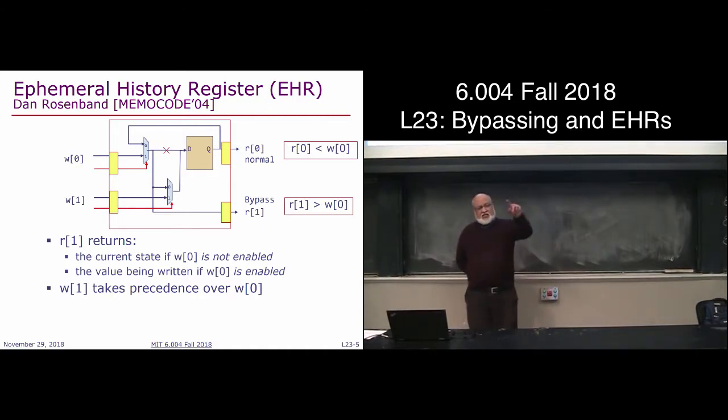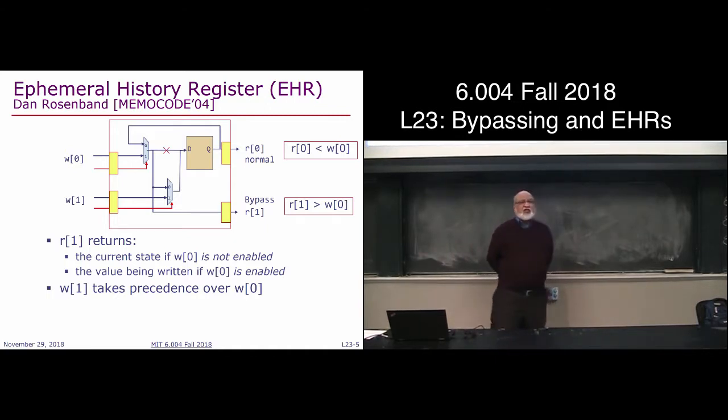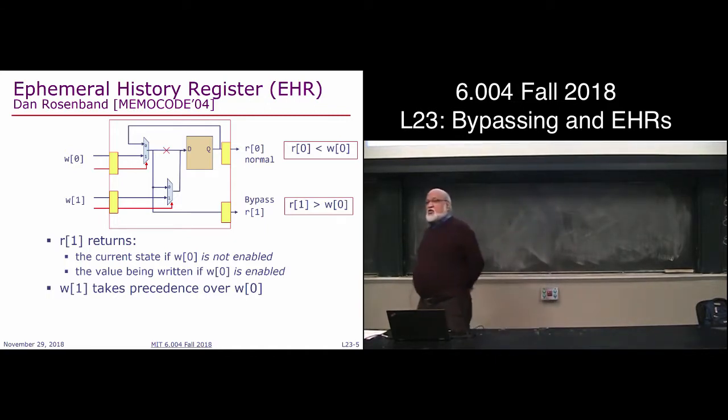So I take something that is coming from W1, and if W1 was also enabled, we will select that using this enable, and that is the value that will be stored in your register. And if you do it like that, then it's very clear that W0 comes before W1, though there is no guarantee that either will be enabled.